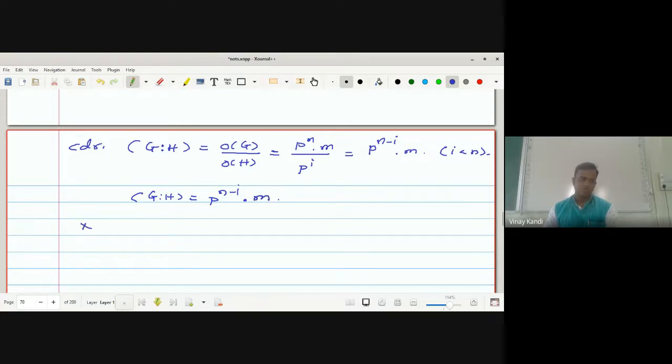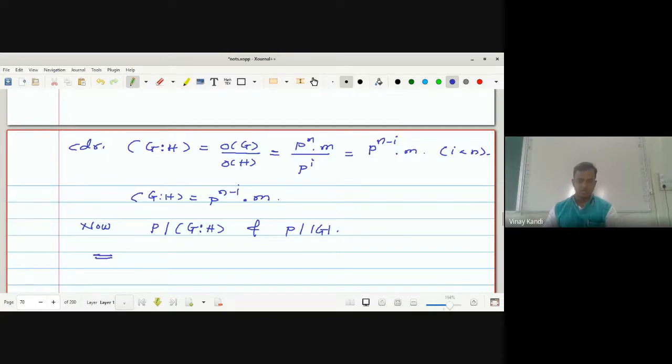Now from this step, p divides the index of H in G. Is it correct? Does p divide this or not? Yes, sir. And also p divides the order of G, which is given to us. So p divides this one and p divides this one.